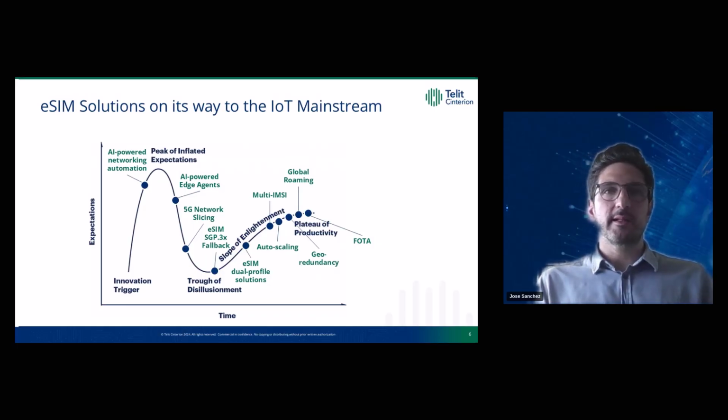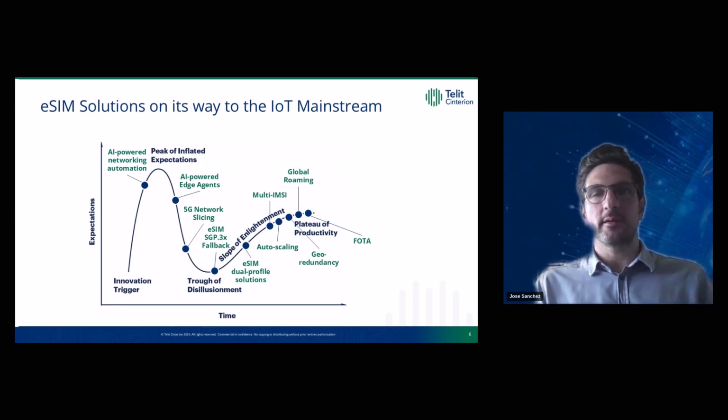But we see eSIM technology as becoming mature after being hyped for a while, mature for massive use in IoT, and not just to deliver the ability to replace physical SIM card exchanges, but also to deliver quality of service. How this can be done, we will deep dive into in the next slides during my presentation.